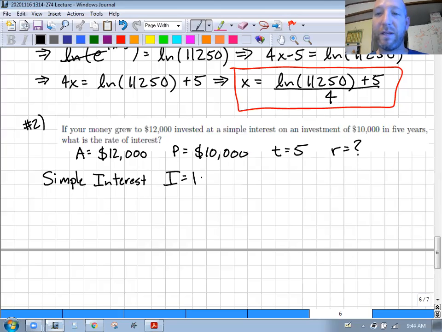I equals PRT, right? So let's see, our amount is our principal plus interest, P plus PRT, okay?